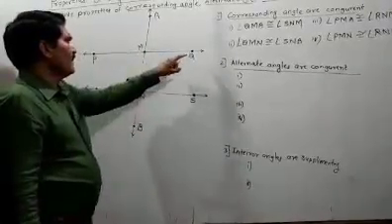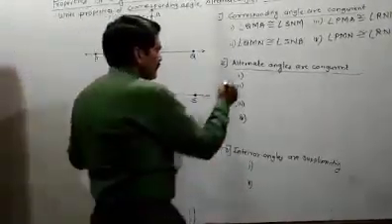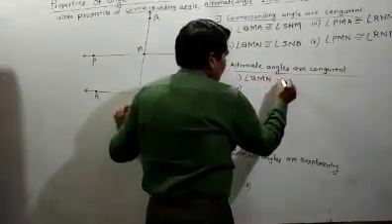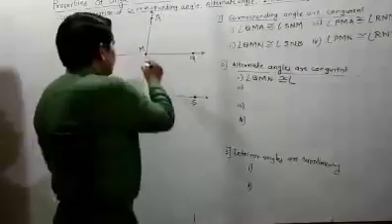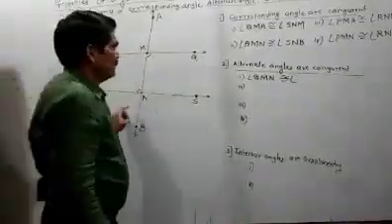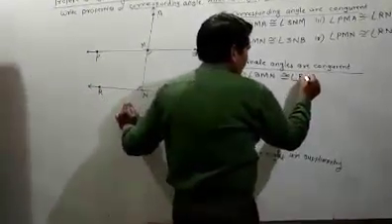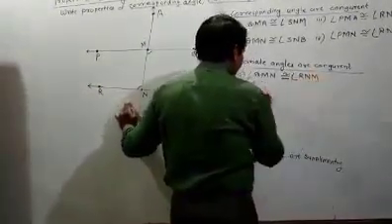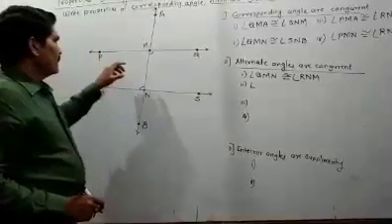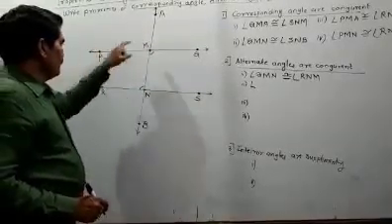So you have to say angle QMN is congruent to angle RNM. Then the next one is angle PMN.